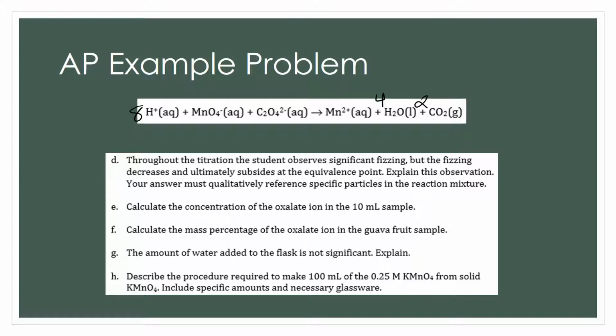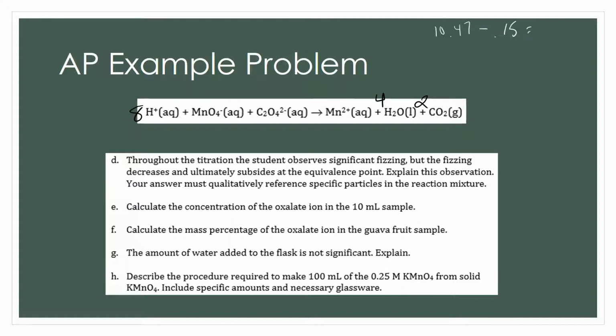In E, we want to calculate the concentration of the oxalate ion in our 10 milliliter sample. In order to do that, we need to figure out what's going on. So the first thing we can do is take the final volume of our titrant and subtract the initial volume from the burette.